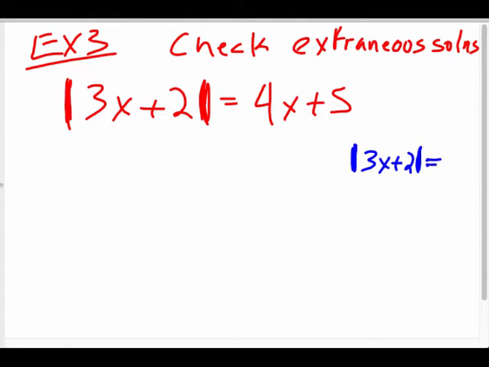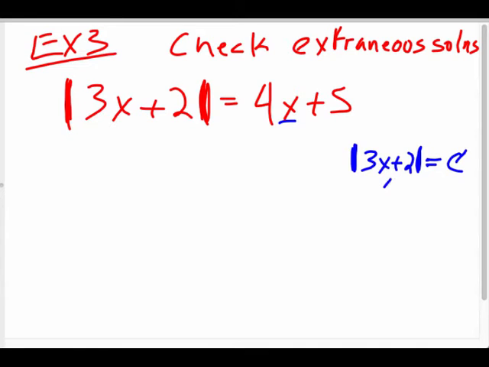Some constant c, because we know at some point in time, x represents a number, we can plug x in for the number, right? And then that would give us a number or constant c on the other side. Whatever number I plug in for x times 4 plus 5 should give us a number, right?